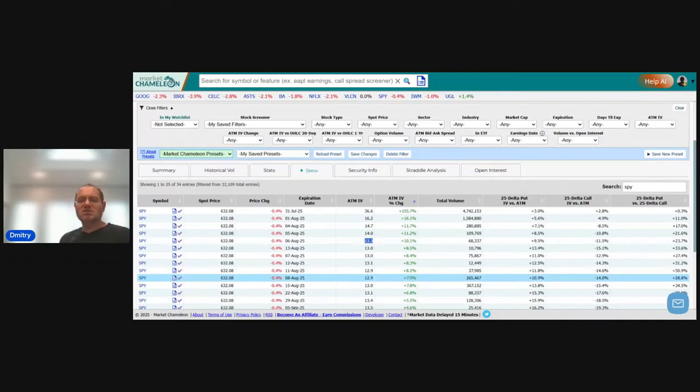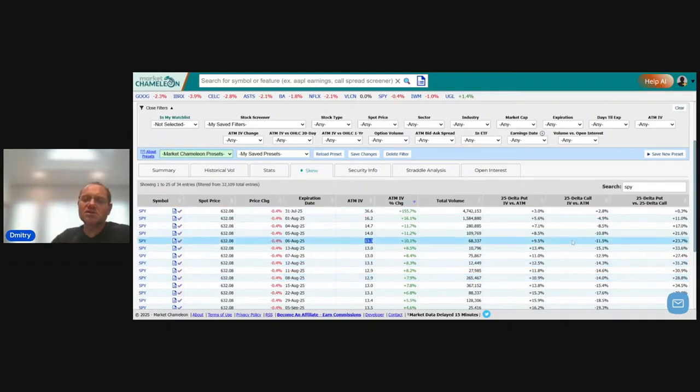So in this instance, what we do is create a metric looking at a 25 delta call and a 25 delta put. A 25 delta call is an upside call, right? That's a call that's out of the money going to the upside. A 25 delta put is an out of the money put to the downside.